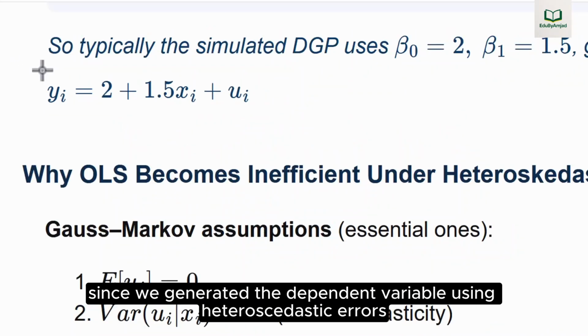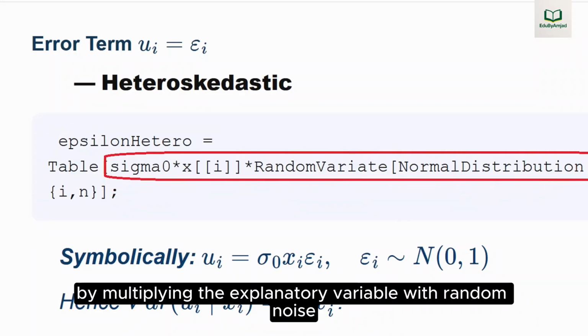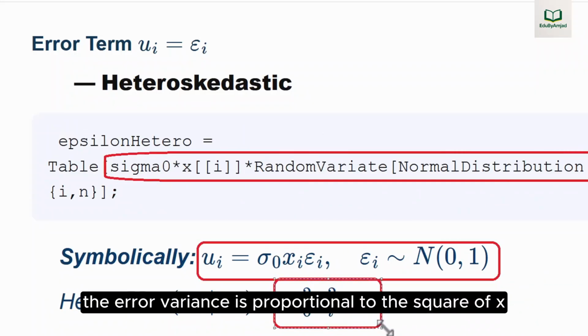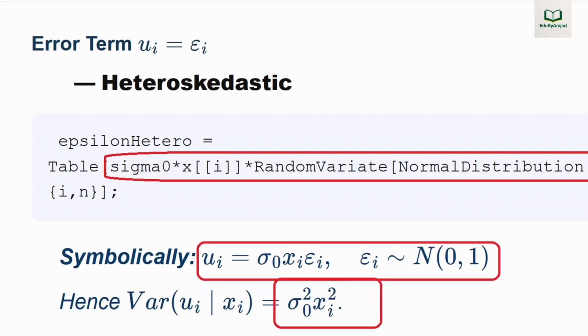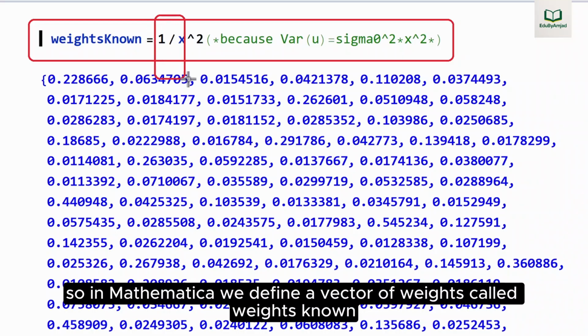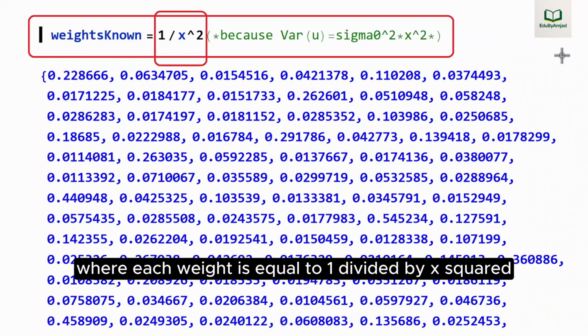Since we generated the dependent variable using heteroskedastic errors, by multiplying the explanatory variable with random noise, the error variance is proportional to the square of x. So in Mathematica, we define a vector of weights, called weightsKnown, where each weight is equal to 1 divided by x squared.